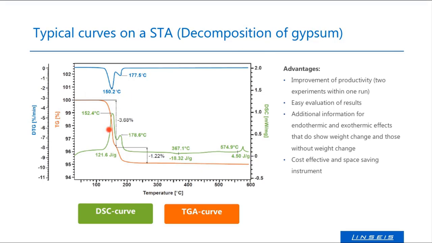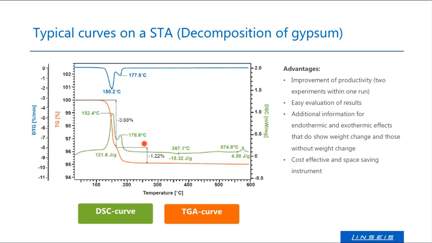It loses some water and volatiles here, and as you can see, there is an endothermic caloric signal. The green line is the caloric signal, so an endothermic peak at the same place where there's this mass loss. So you can see there's a mass loss, and at the same time you can see the direction of energy flow, and you can also integrate the peak area and get an idea how much energy is released.